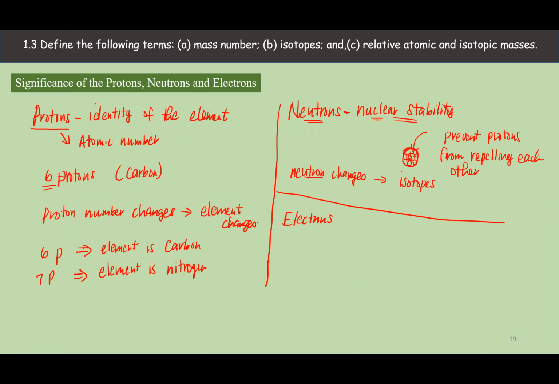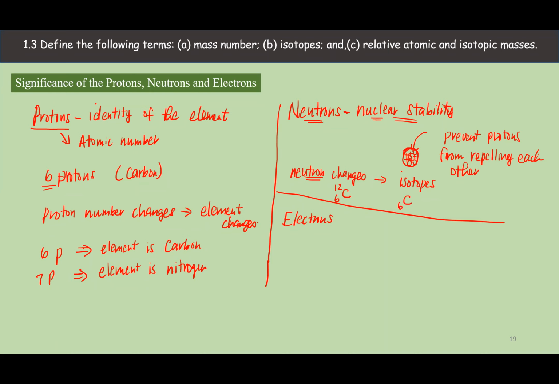Isotopes have different numbers of neutrons. So we can have the element carbon with 6 protons and 6 neutrons. That is what allows the mass number here to be 12. And this is carbon 12.